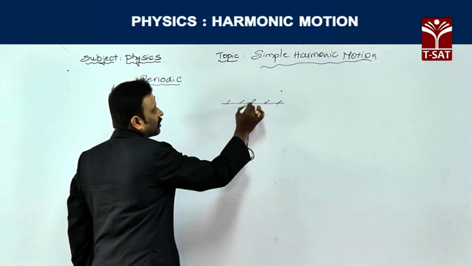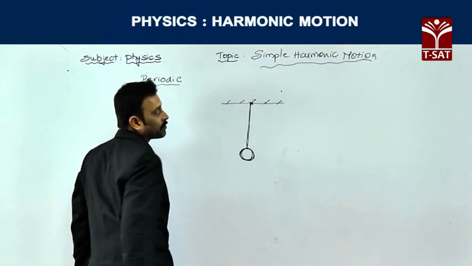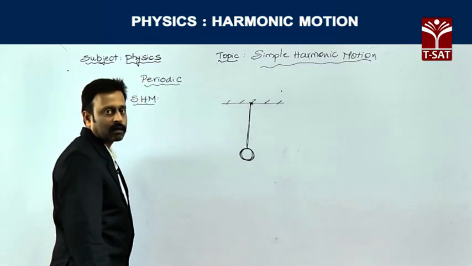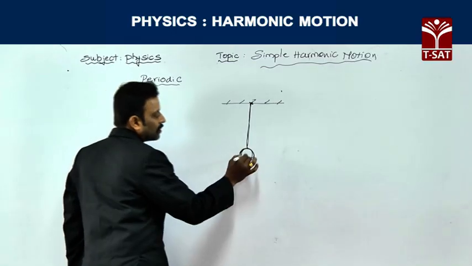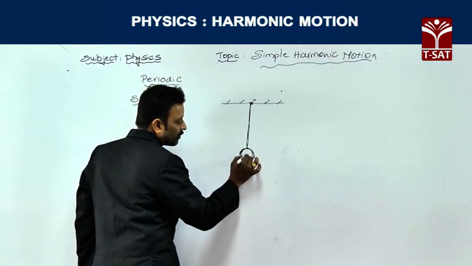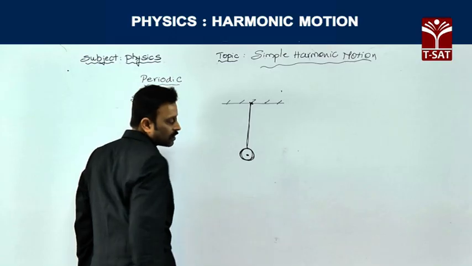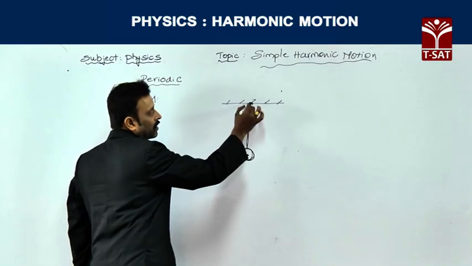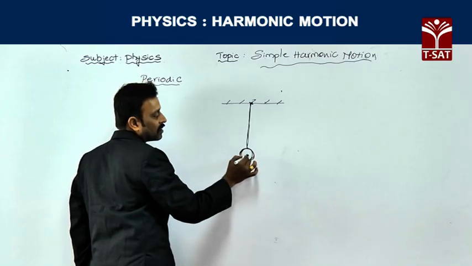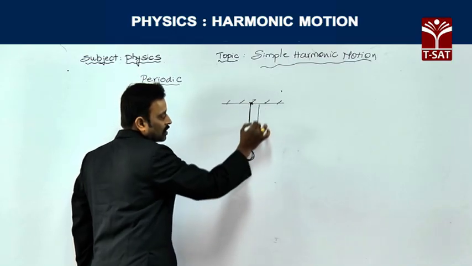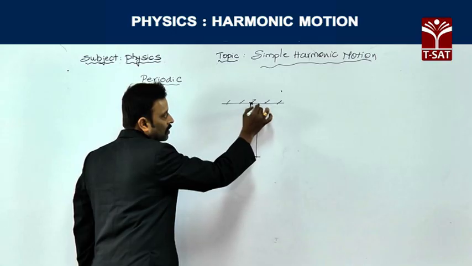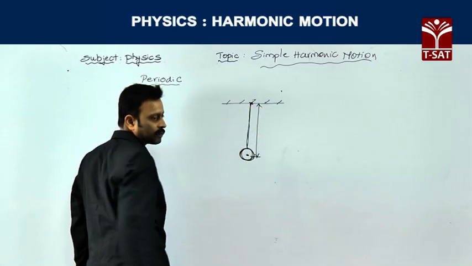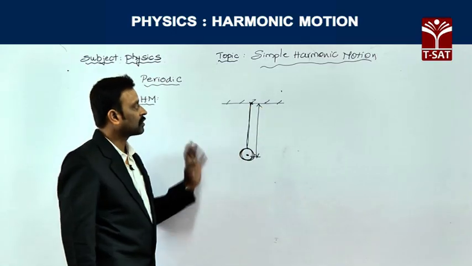The point from where the pendulum is suspended is called the point of suspension. The center of gravity of the bob is known as the center of oscillation. The distance between the point of suspension and the center of oscillation is called the length of the simple pendulum.